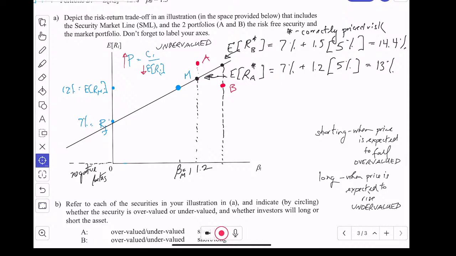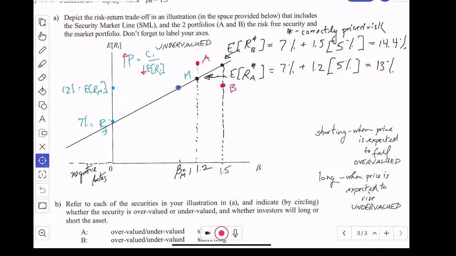So currently, at this level of risk, investors want this level of return, but people invested in B are only getting this level of return. So they're willing to give up B. They're willing to sell B. And what they can do to realize this level of return is simply risk-free borrowing and investing that in the market portfolio.